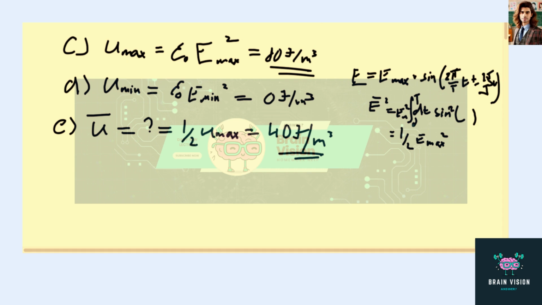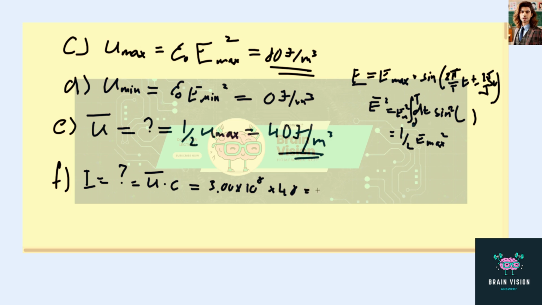And then lastly, in F, we're asked to find the intensity of the wave. The intensity is just given by the average energy density times c. So this is 3.00 times 10 to the 8 meters per second times 40 joules per meter cubed.